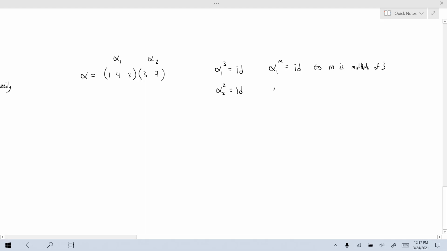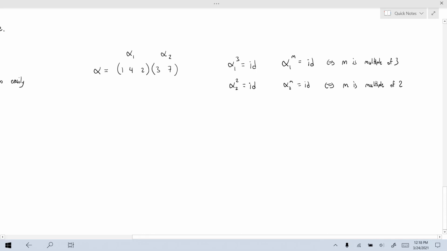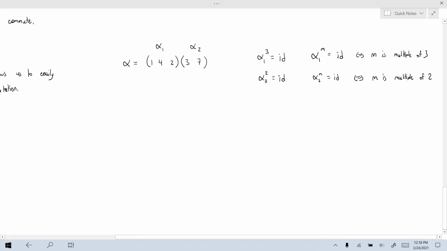And likewise, alpha 2 to a power will be the identity only if that exponent is a multiple of 2. I'm interested in finding the order of alpha right now. What do I need to raise alpha to in order to get the identity permutation?